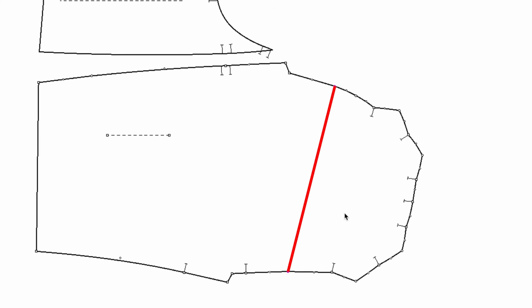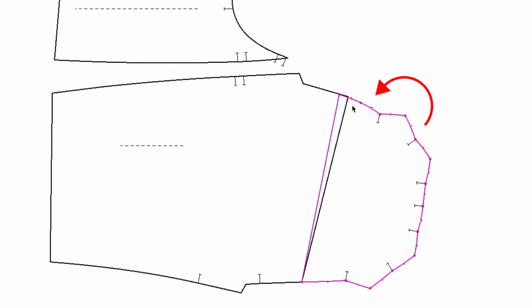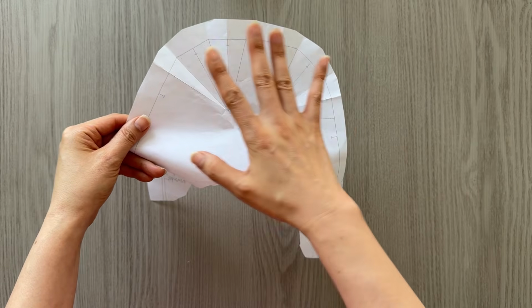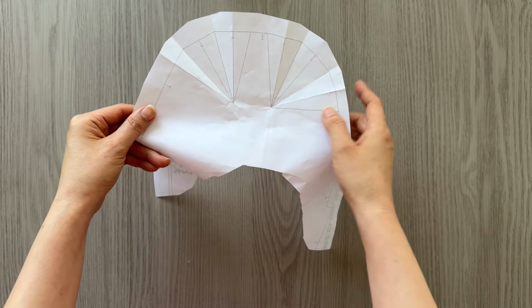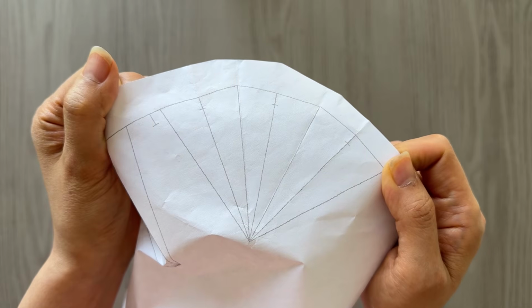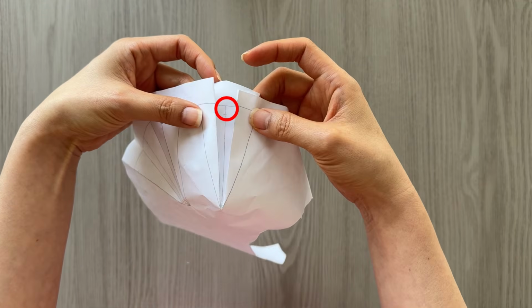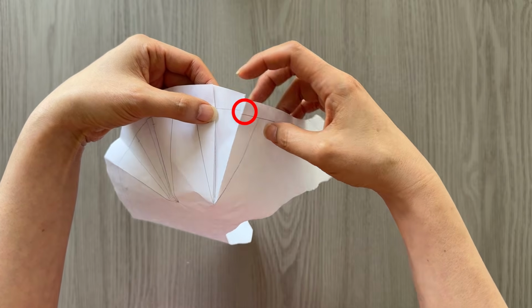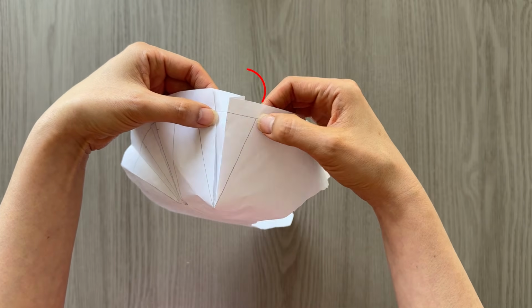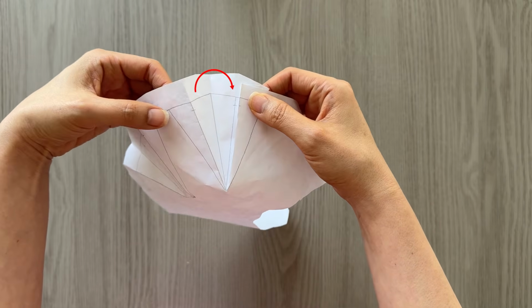Then you draw the line like this, cut them out, rotate the piece to reduce the amount you want. I just printed the sleeve, only the sleeve cap area. Once you have this correct shape, you fold the pleat. Those three points meet each other, and this center point, one goes this way, one goes this way.